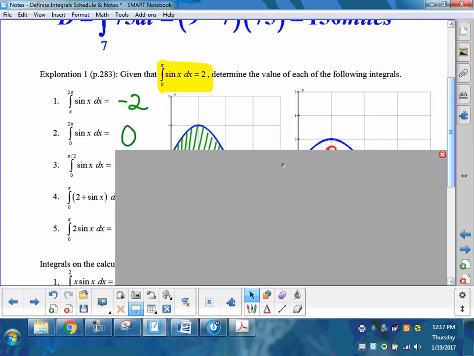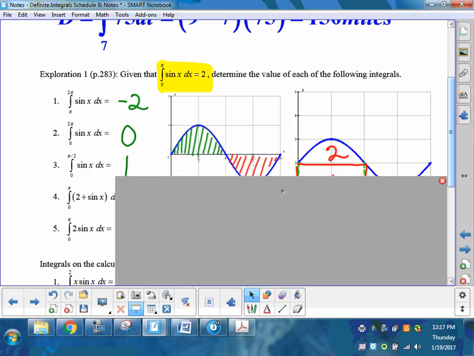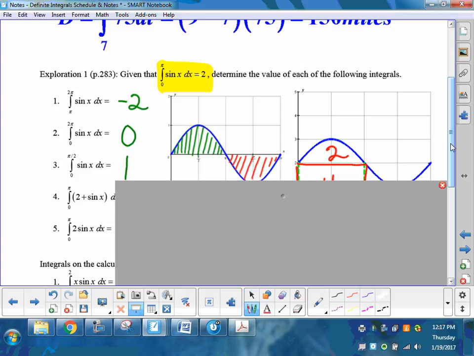Because if you know from 0 to pi is going to be 2, 0 to pi over 2 is half of the distance. This area here is 2 units. This one here is 2 units, except this is negative because it's below the x-axis. How much area have I covered to go from here to here? Well, how much of the hump there do you have? Half of it. What's half of 2 then? 1.